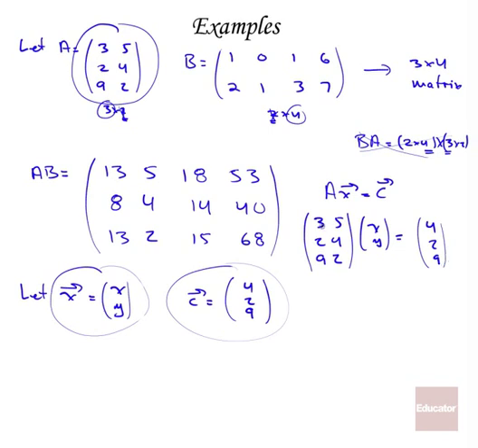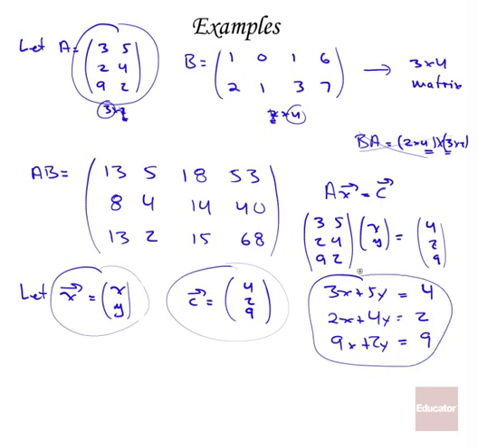So you end up with, well, 3x plus 5y equals 4, because you're doing the first row, first column. 2x plus 4y equals 2, and 9x plus 2y is equal to 9. All we've done is go this times that equals that, and we end up with our linear system.